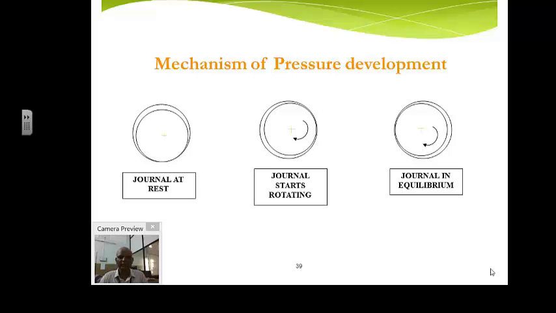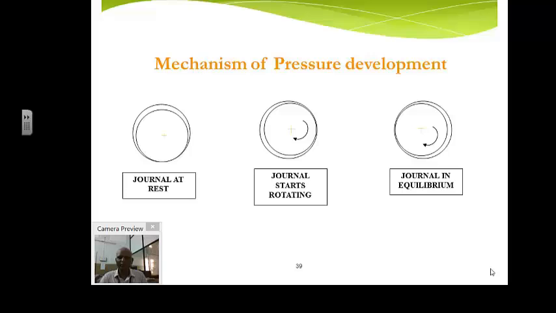So here on the right side, because the journal is rotating in a clockwise direction. The fluid film is also carried along with the rotating journal, and due to the pressure generated, the journal will shift to the other side and it comes into a dynamic equilibrium state.